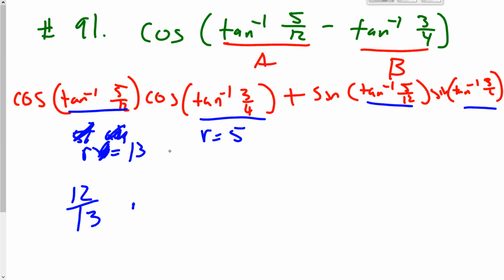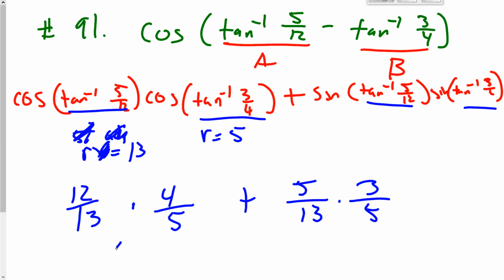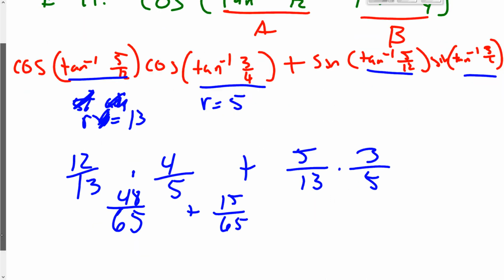Cosine would be x, which is on bottom, 4 over our hypotenuse, which is 5, and then plus sine of that would be, sine is on top, so 5 over the hypotenuse, which is 13, and then sine of 3/4, which is the top, 3 over our hypotenuse, which is 5. So we get 13 times 5, which is 65, and that's 48, plus 15 over 65.